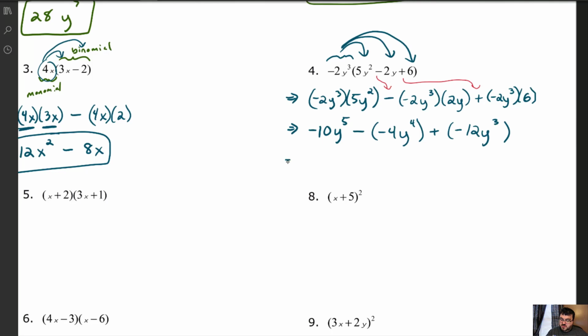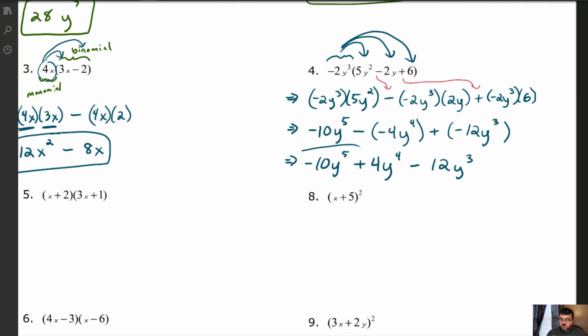Now the only thing I want to do is clean up our signs, because if you look, when we have minus a negative, you can actually just make this plus 4y to the 4th. Those 2 negatives cancel each other out. Now if you look also over here, when you have plus negative something, like plus negative 12y to the third, you can actually honestly just write minus 12y to the third.